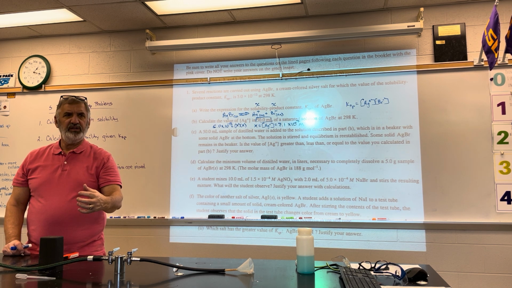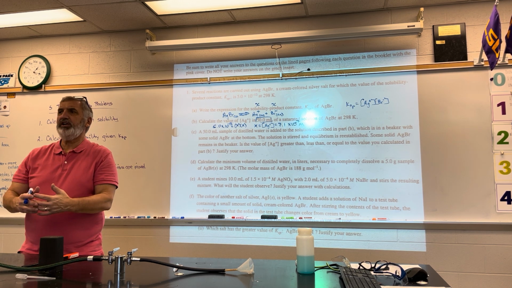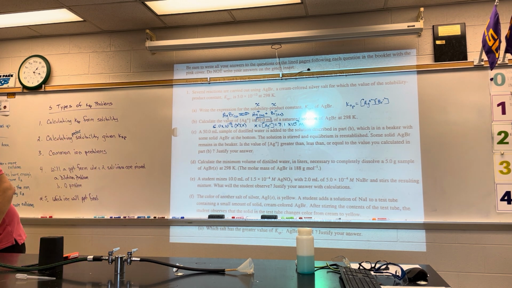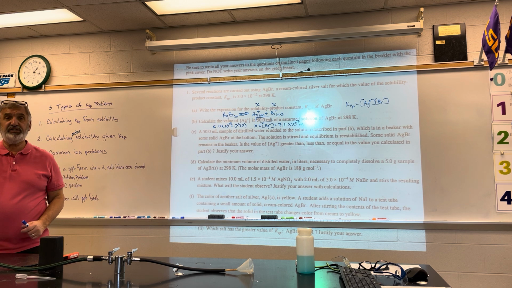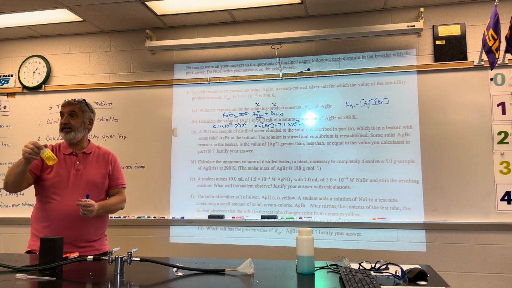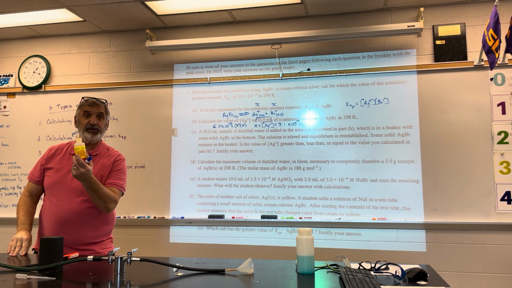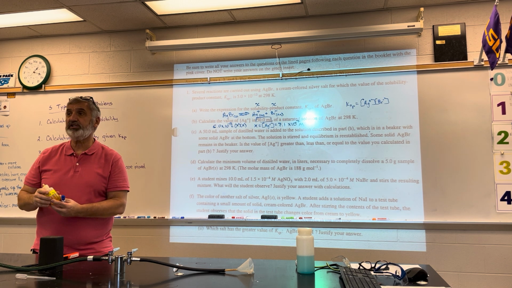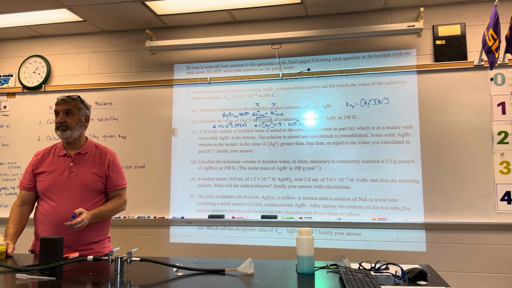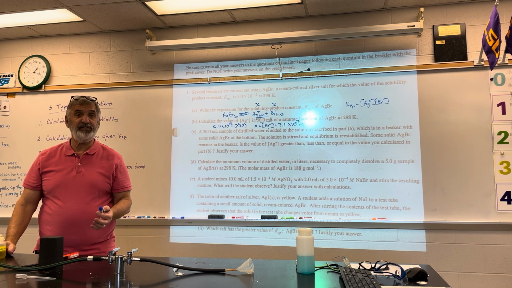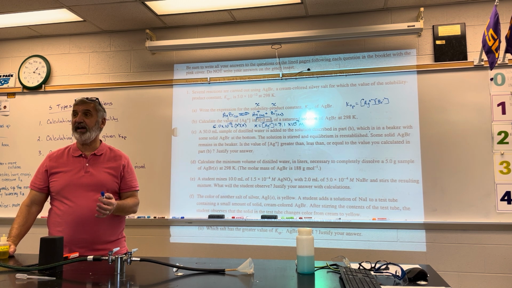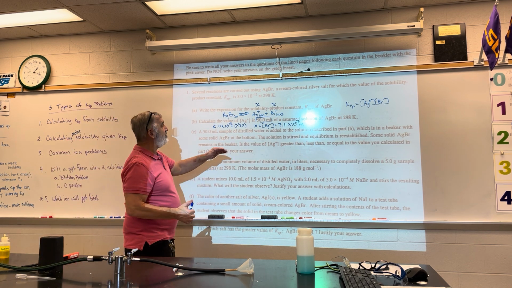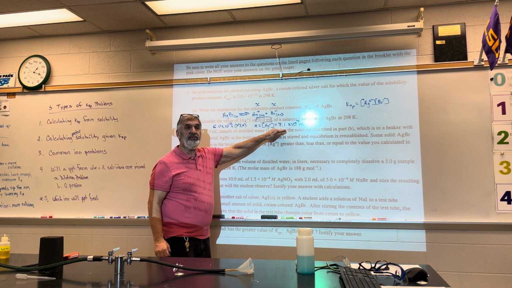No. The ratio is moles per liter, but you don't have to have a liter of it to have molarity. So I have this 0.25 molar K2CrO4 right here. I definitely don't have a liter of it, but it tells me the ratio of what it's going to be. So the 50 milliliters is totally a distractor. Totally irrelevant. Doesn't matter whether you have 50 milliliters, 500 milliliters, 5,000 milliliters. It's always going to be a saturated solution. The maximum that can dissolve is going to be this much.